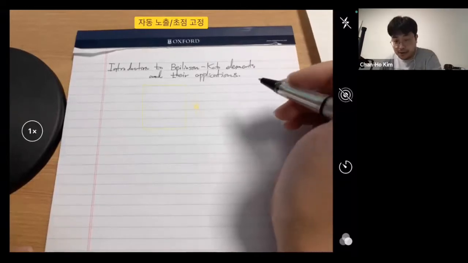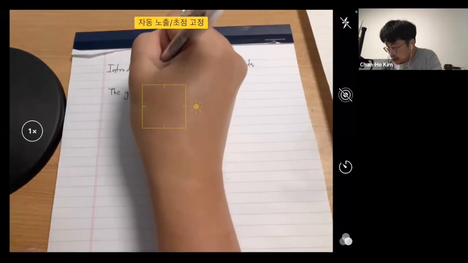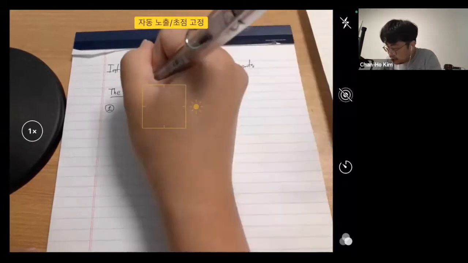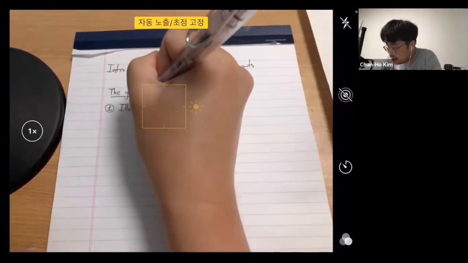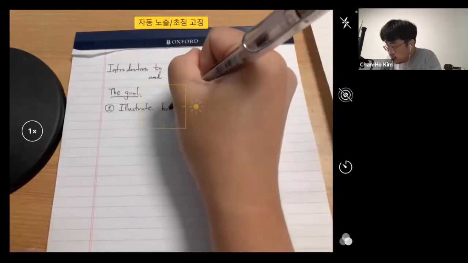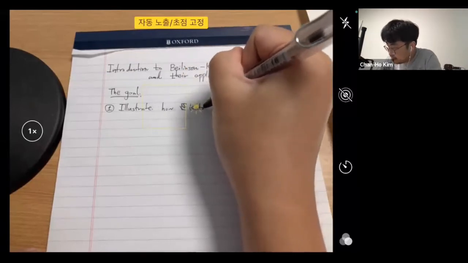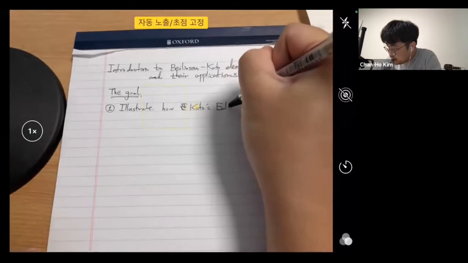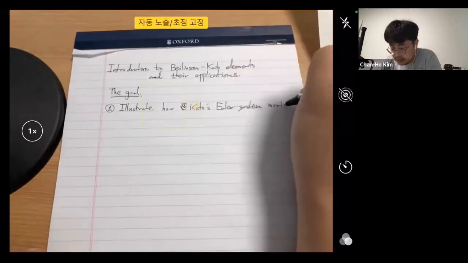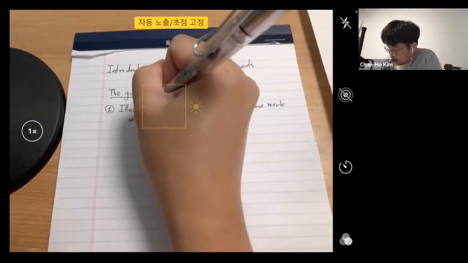So my goal is the following. The goal of this lecture series is, first, I'd like to illustrate how Euler systems, Kato's Euler system, work and are constructive.